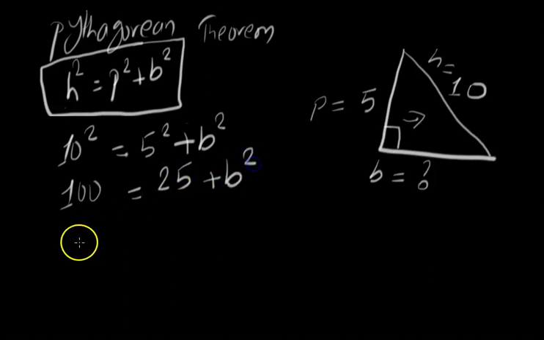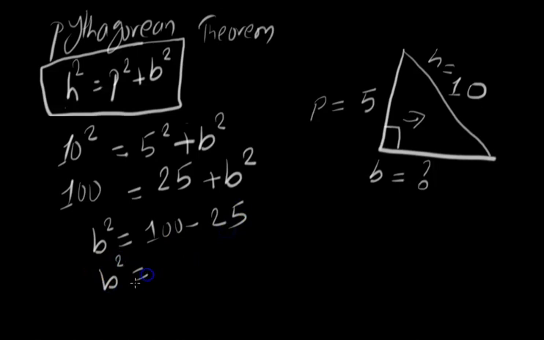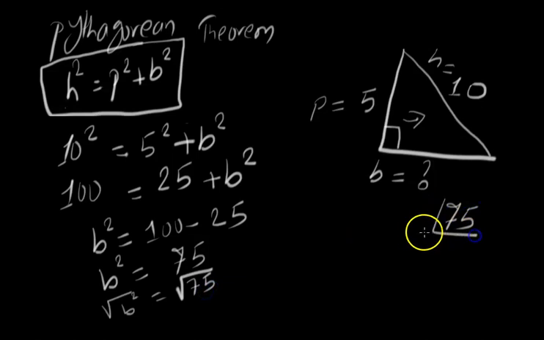Solving for b, b square equals 100 minus 25, which is 75. Taking the square root on both sides, we get b equals root under 75. Now what is the square root of 75?